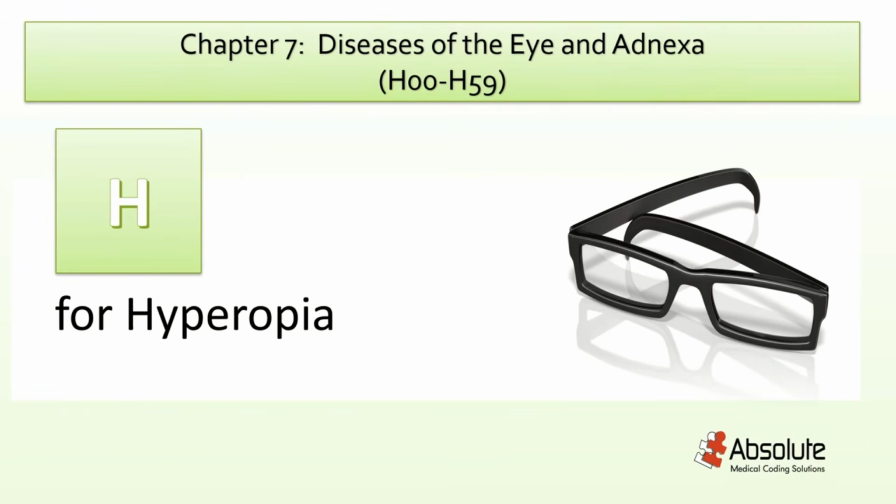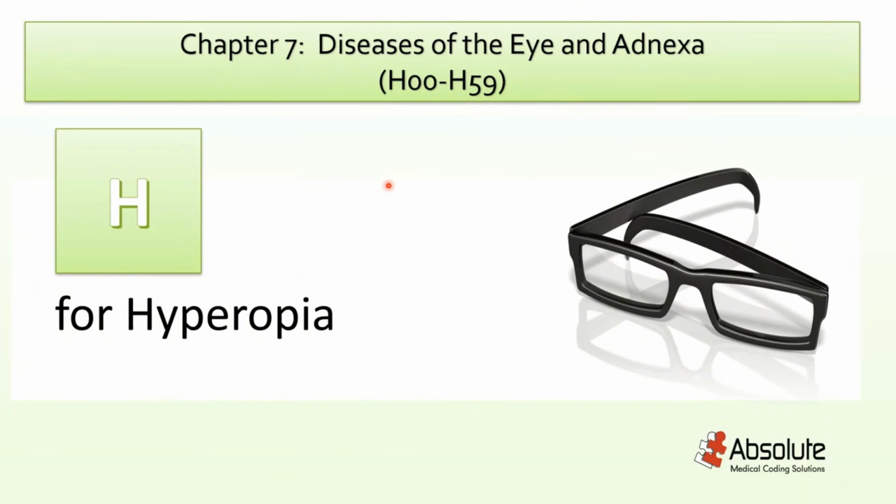All right, coders, we have two diseases that share a category. This is good because they kind of relate, it's not hard. So, Chapter 7 diseases, diseases of the eye and adnexa, code series H00 through H59.